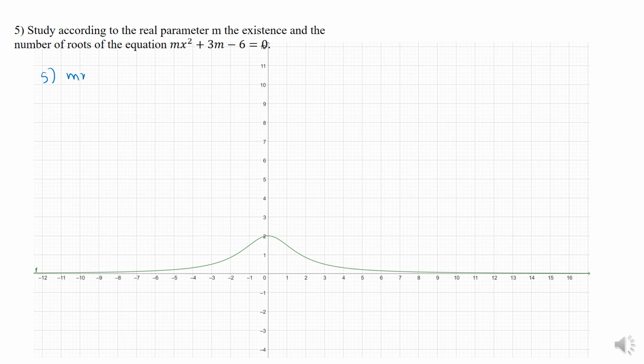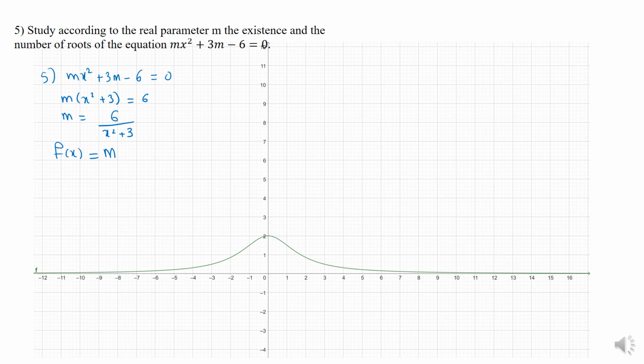Now, mx squared plus 3m minus 6 is 0, means m into x squared plus 3 is equal to 6. So m is equal to 6 over x squared plus 3, which means that f of x is equal to m. So we will solve this graphically.